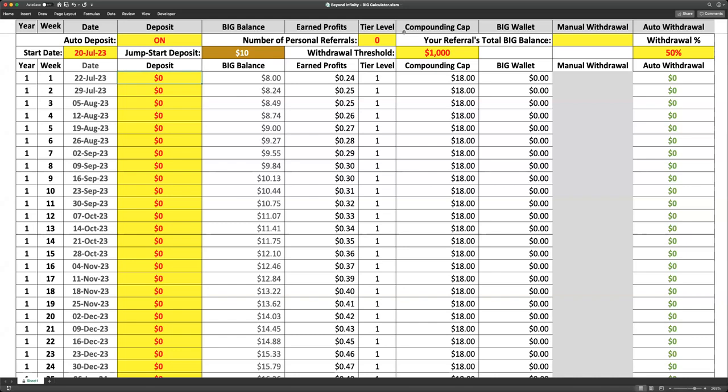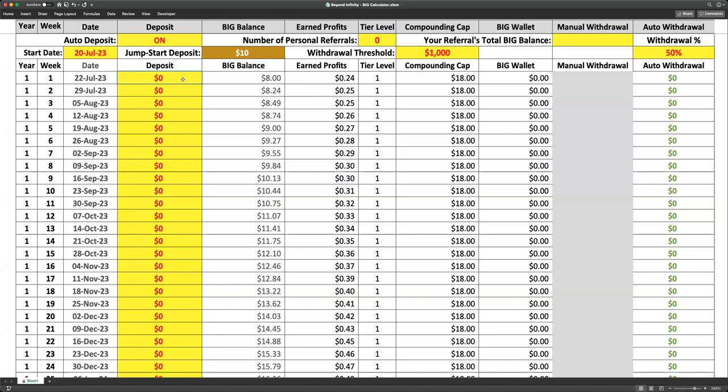So if you build your points up to where you have at least 250 points and you redeem those points for a contribution, then that is the same as putting in a $250, just the same as making a $250 deposit.